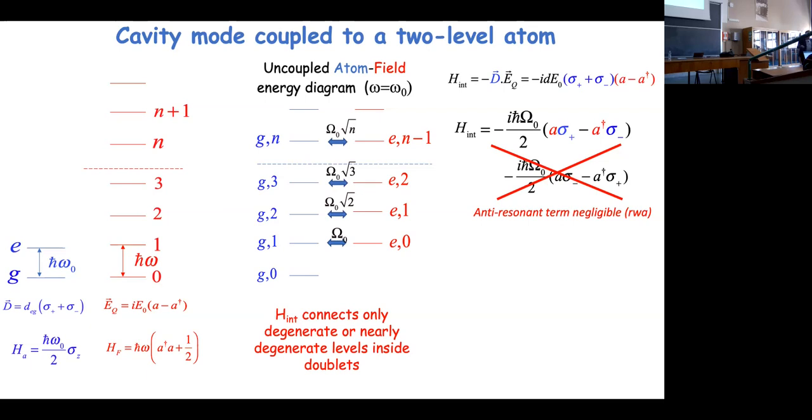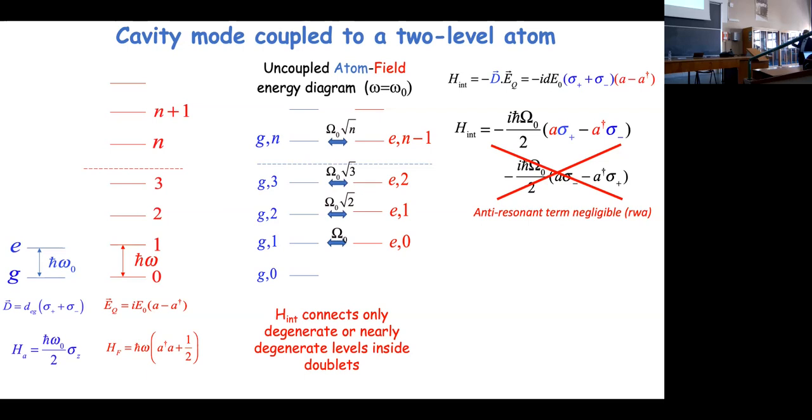But the terms that I have crossed are terms in which either you excite the two systems together or de-excite them together. And this is heavily non-conserving energy. You lose 2 quanta of energy if you take into account this term. So in quantum mechanics, these terms are anti-resonant. And to neglect them is to make what is known as the rotating wave approximation.